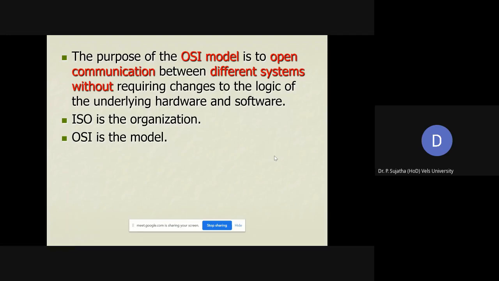Suppose my system uses a Core i3 processor, 7th generation processor, and your system uses some other processor. Because I am sending the information to your processor, you need not make any changes to your system, because the OSI model will take care of such things. So ISO is the organization and OSI is the model.